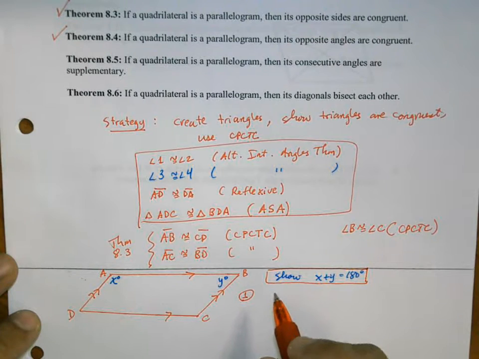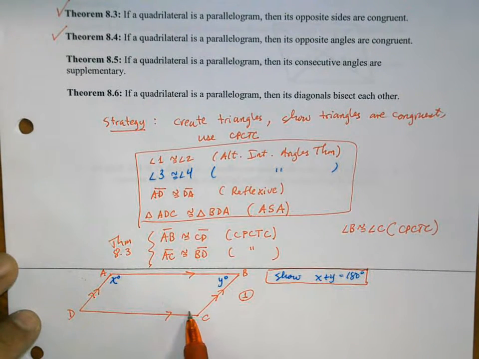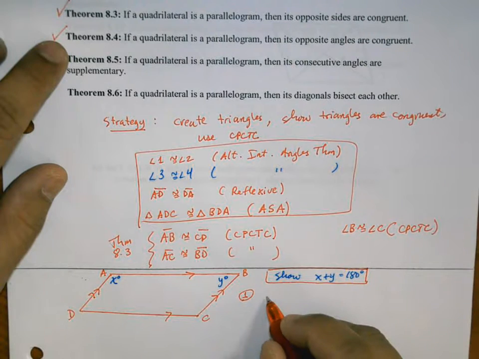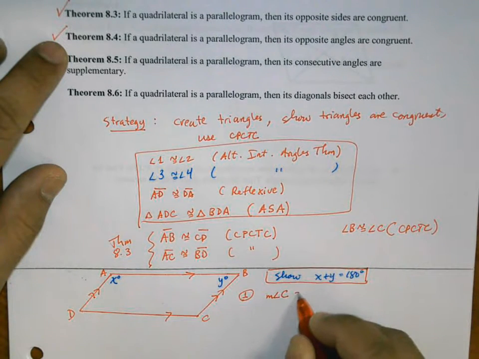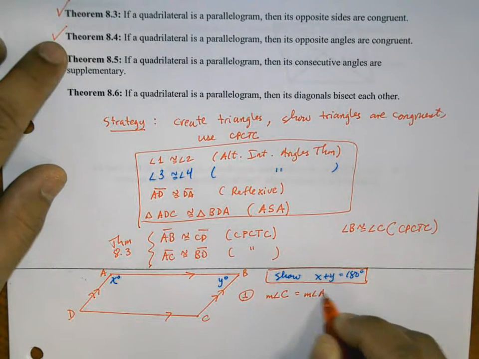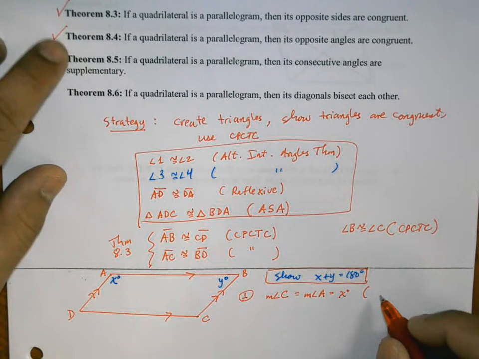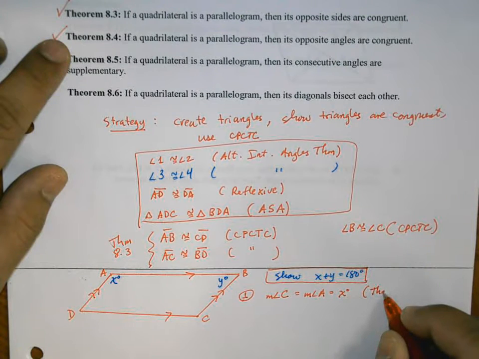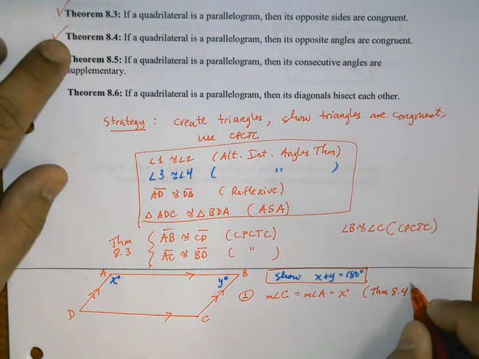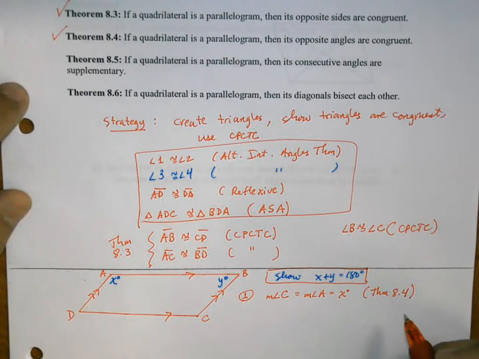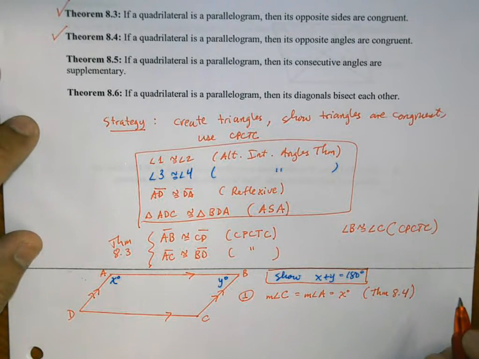Step 1: angle A and angle C are equal to each other because of theorem 8.4, opposite angles of a parallelogram. So the measure of angle C is equal to the measure of angle A, which is X degrees. Although if you don't remember the theorem number, it's recommended you just say the opposite angles.